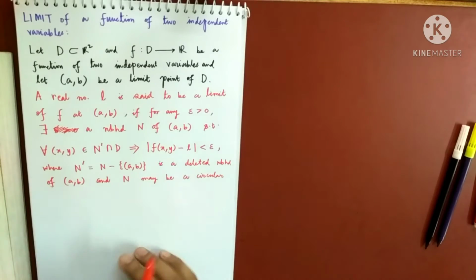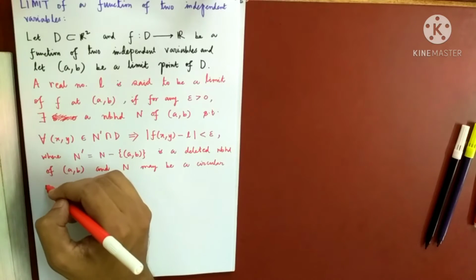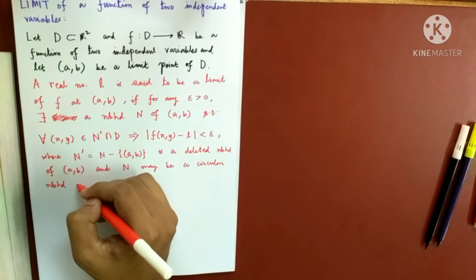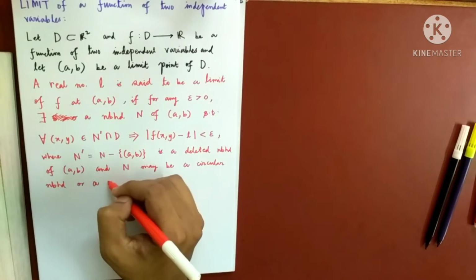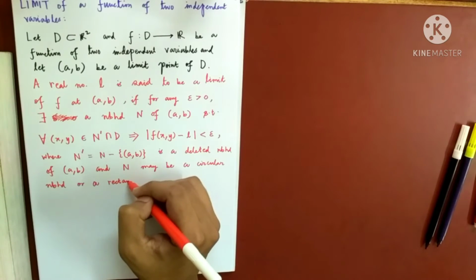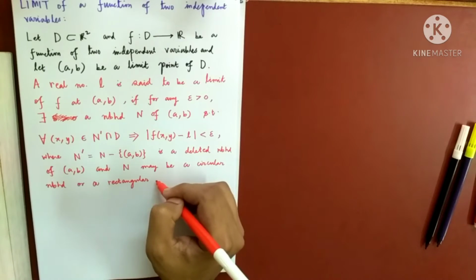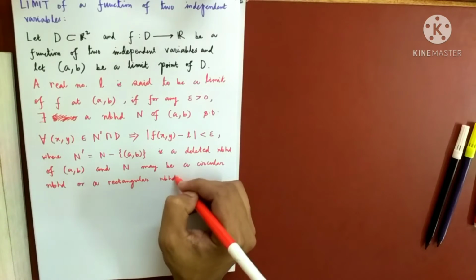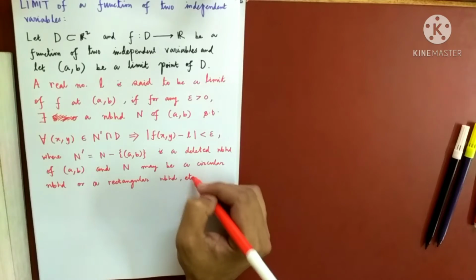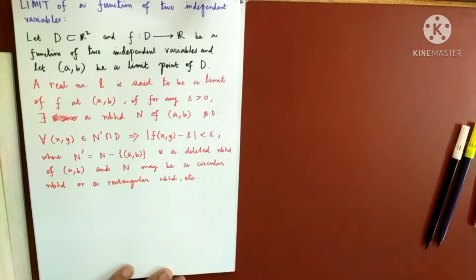I've already taught you the meaning of circular neighborhoods. Circular neighborhood or rectangular neighborhood, etc. So let me explain everything in detail again.